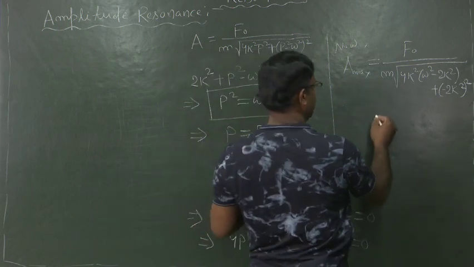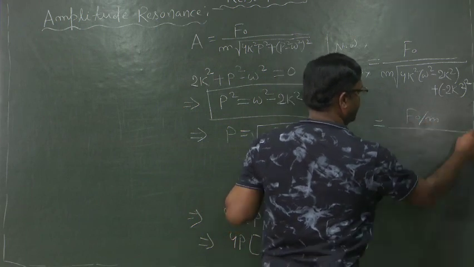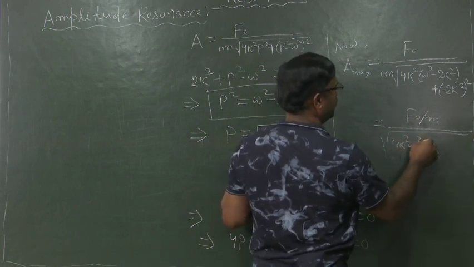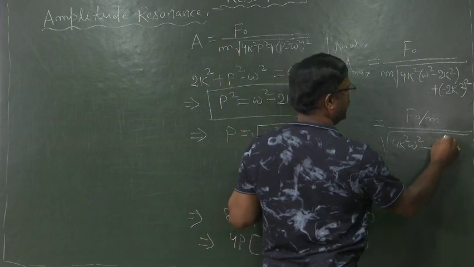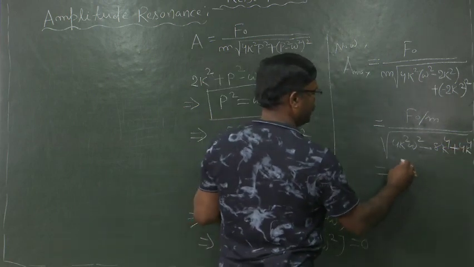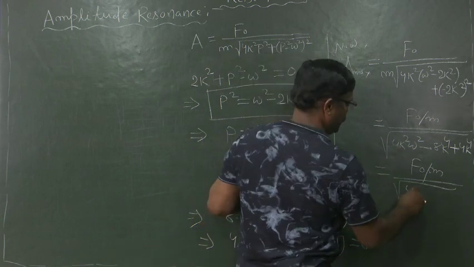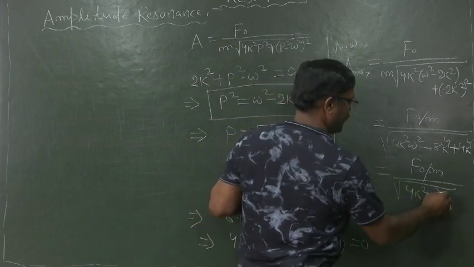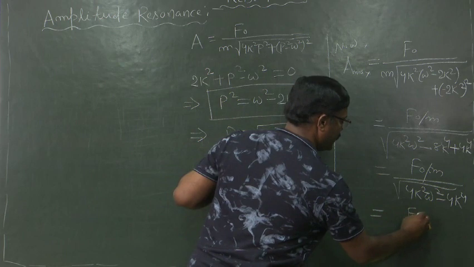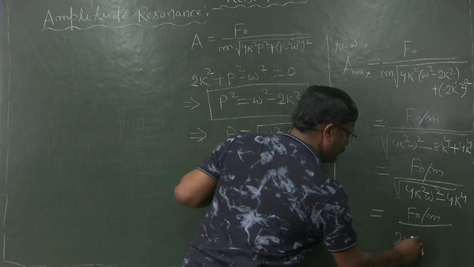Expanding this we can write F0 by m divided by root over of 4k square omega square minus 8k fourth plus 4k fourth, which is equal to F0 by m divided by root over of 4k square omega square minus 4k fourth, which is equal to F0 by m divided by 2k taken outside.